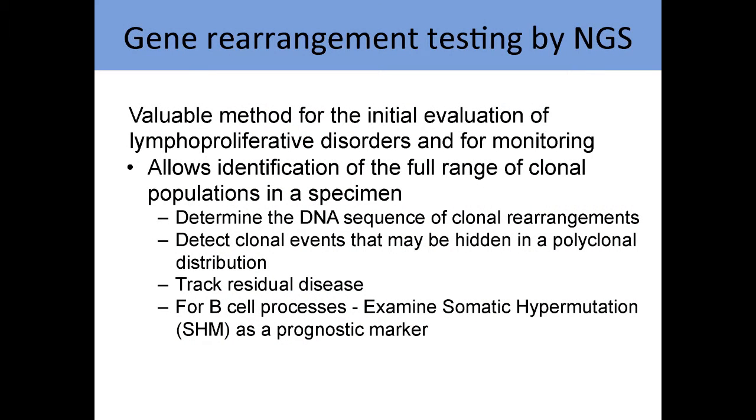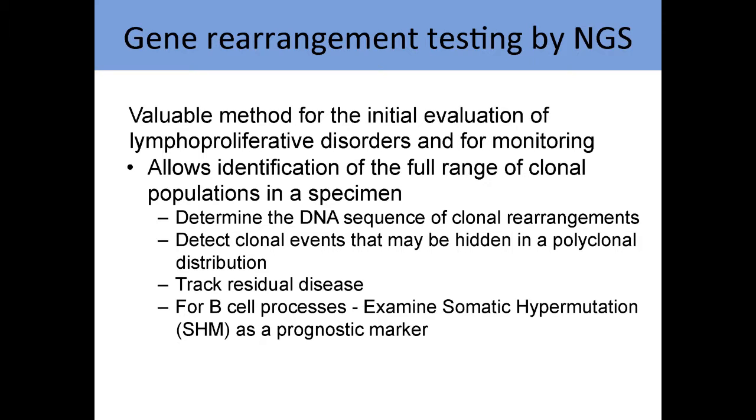So why look to gene rearrangement testing by next-gen sequencing? Well, I think after looking at all the cases that we have done, it is a very valuable method for the initial evaluation of lymphoproliferative disorders. It allows the identification of the full range of the clonal populations that you see in a specific sample.